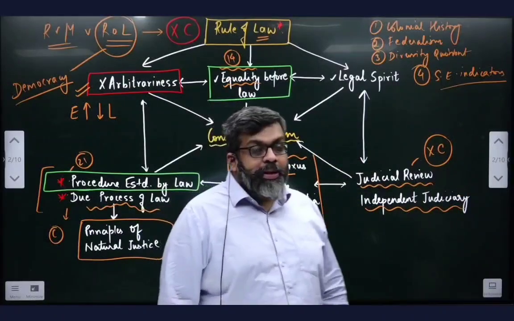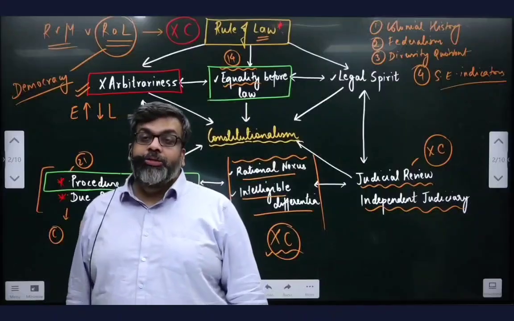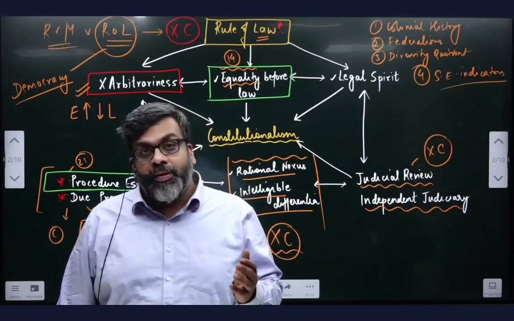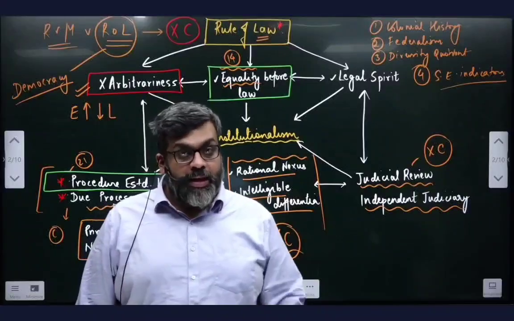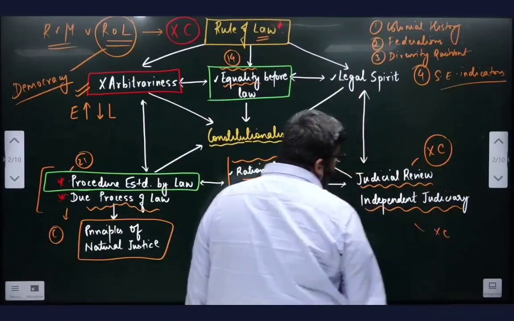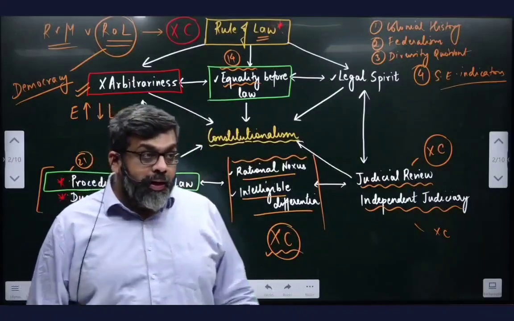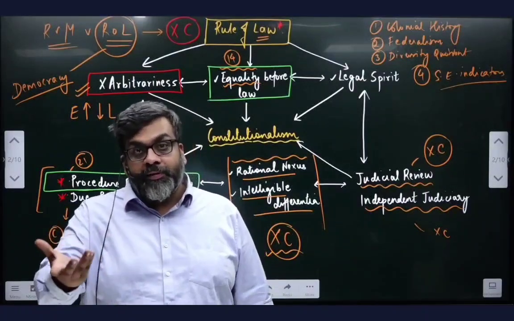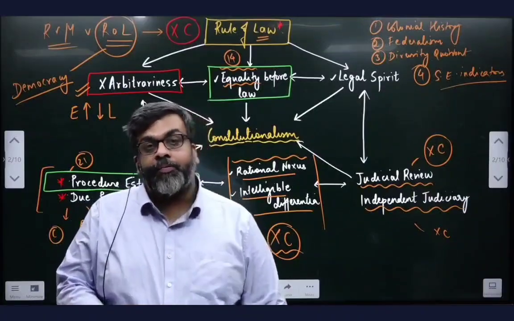A judiciary which is not biased, a judiciary which is not under any compulsion whatsoever to favor a certain side. Again, the term independent judiciary is nowhere mentioned in the Constitution. It is derived through various provisions. One of them could effectively be the collegium system of appointment.